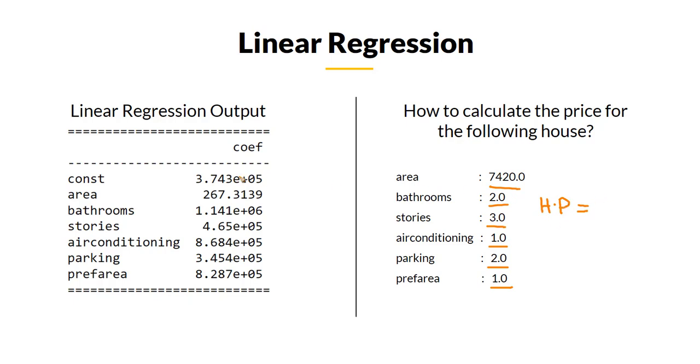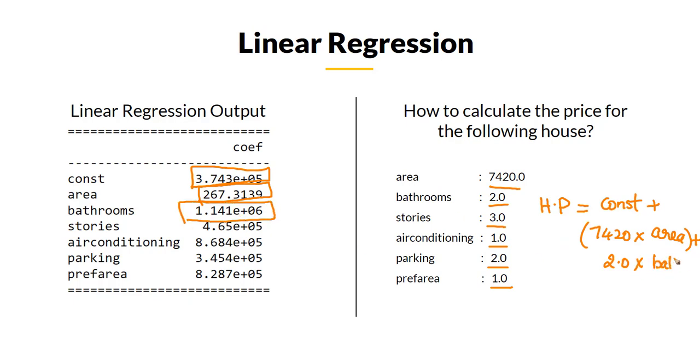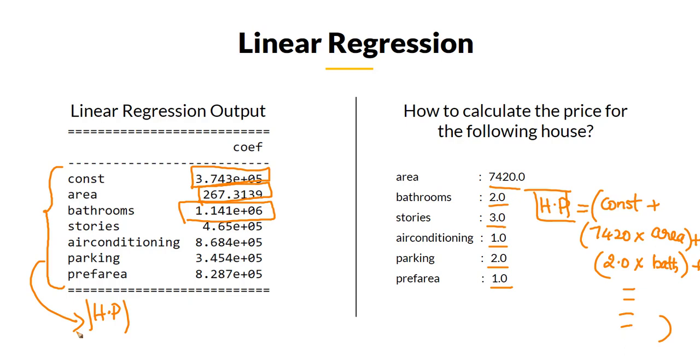So the housing price is nothing but this constant value, plus 7420 multiplied by the coefficient of area, plus number of bathrooms 2.0 multiplied by this term, and so on. For all the other terms, we add this. This output is going to be the price of the house. So this is how a typical linear regression model internally stores this information to map your inputs to the price of a given house. So this is how you make the predictions.